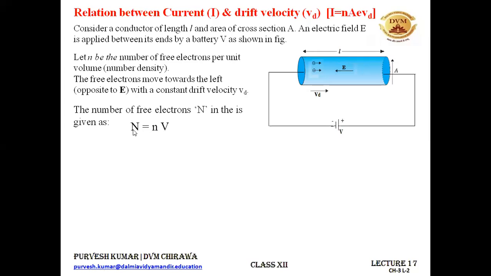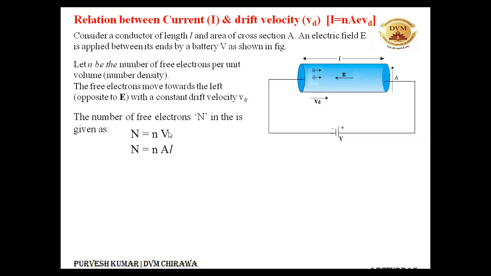So this capital N is the total number of electrons that are present in this. This volume can be written as the product of the area of the conductor multiplied by its length. So in place of this V, we can write A multiplied by l, that is Al. So this is the total number of electrons present inside this conductor, that capital N is equal to number density multiplied by area of the conductor multiplied by its length.